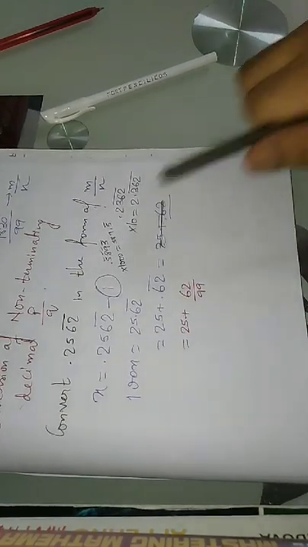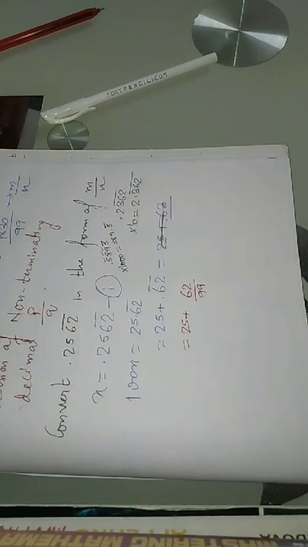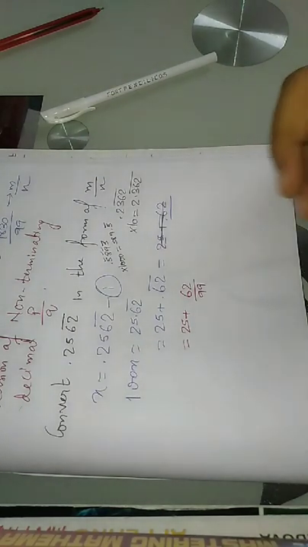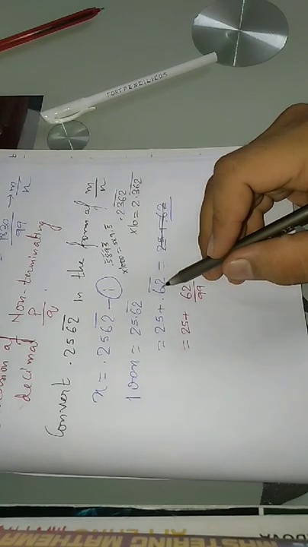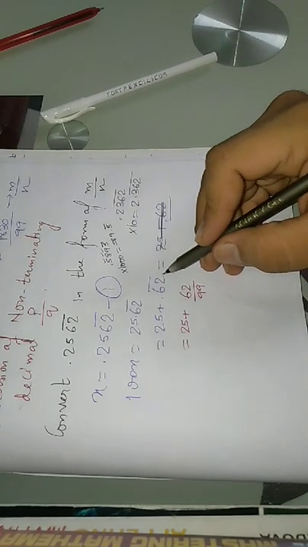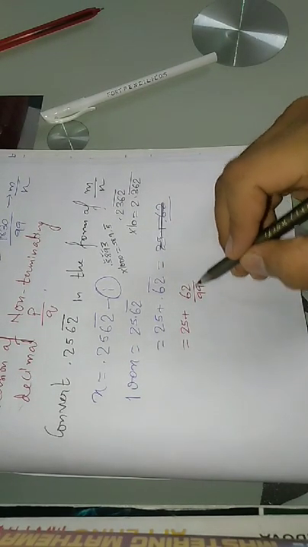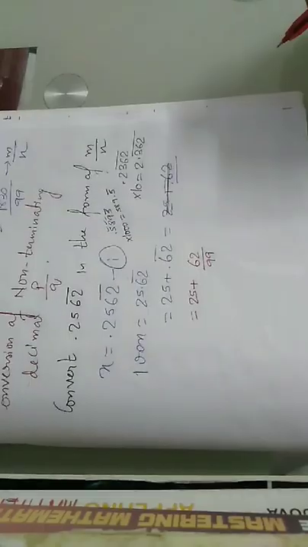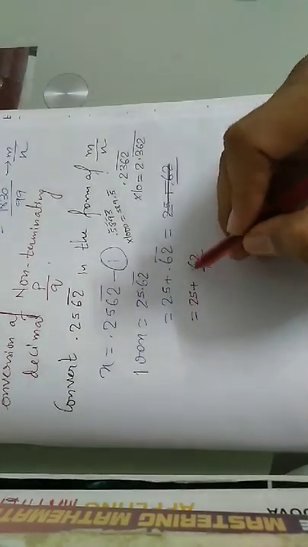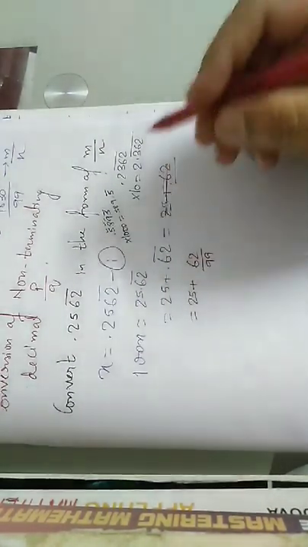It's a rule that whenever you find a non-terminating decimal like 0.62 bar, you write that number over here and then divide it by the corresponding number. So 0.62 bar will be written as 62 by 99.